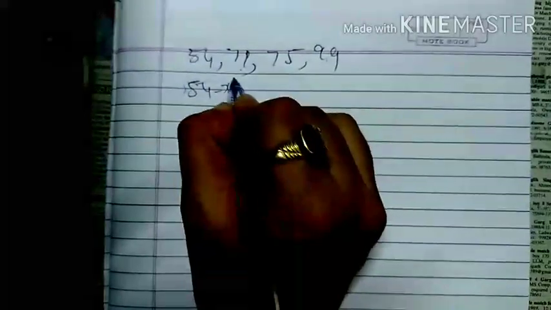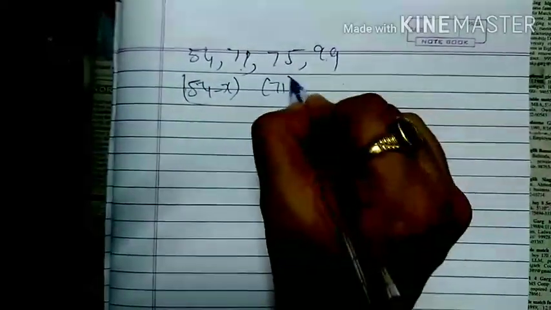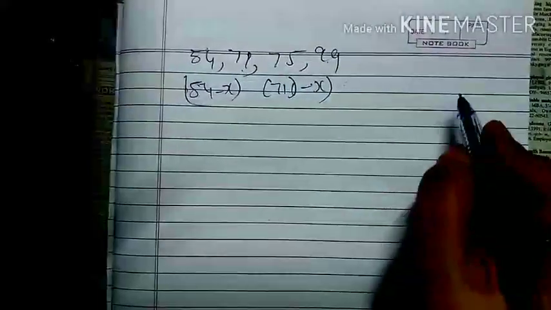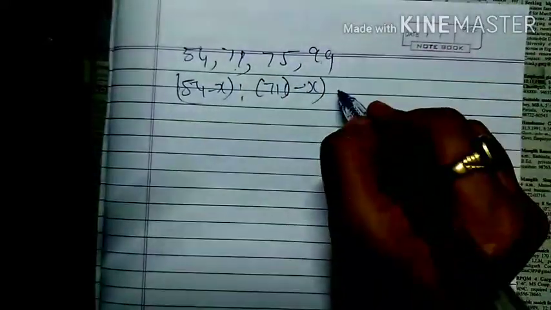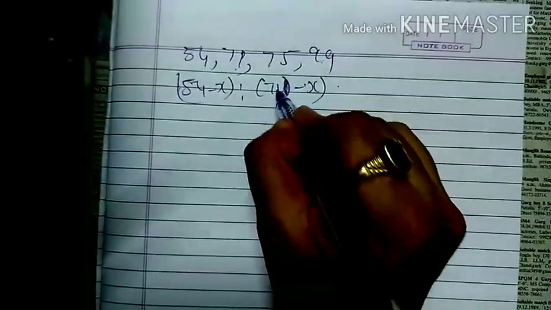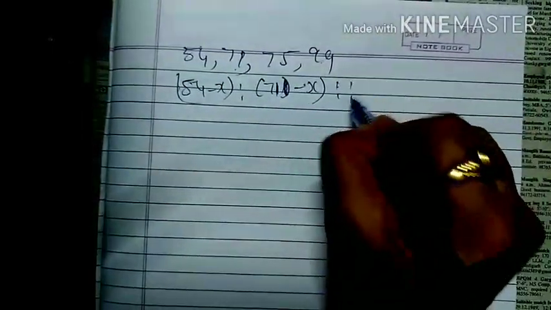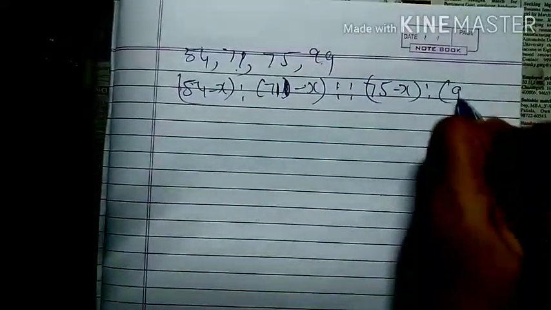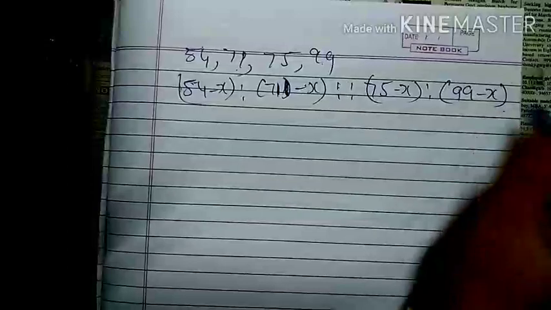So I subtract from here: 54 minus x ratio 71 minus x, proportion to 75 minus x ratio 99 minus x.